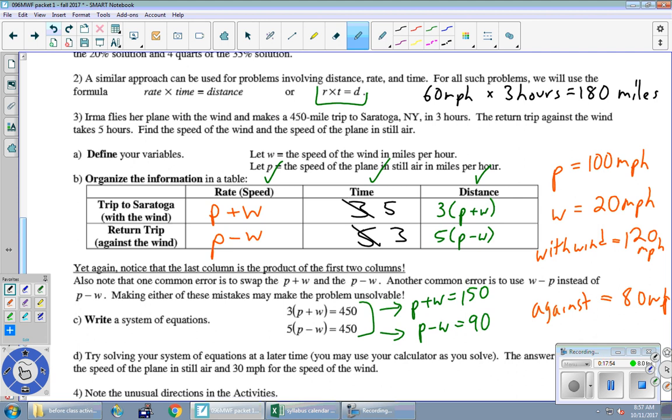And if the wind is helping the plane, is that going to take more or less time? Less time, but we have put the more time number up there. The 5 hours cannot possibly be matched up with the P plus W. So it doesn't matter which row is which, but you've got to make sure you are putting the faster time with the faster speed. Okay, any questions on that?